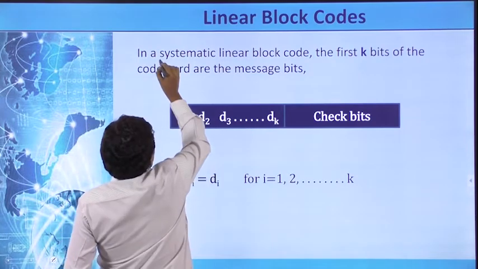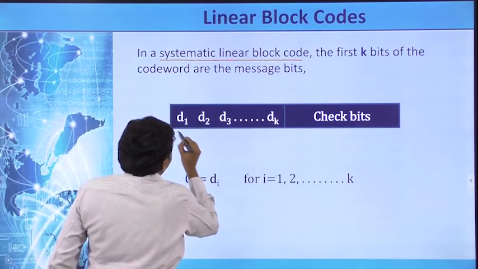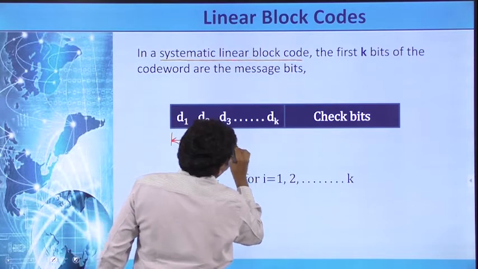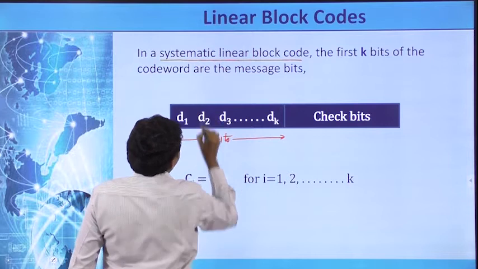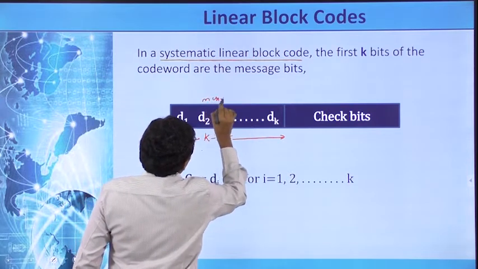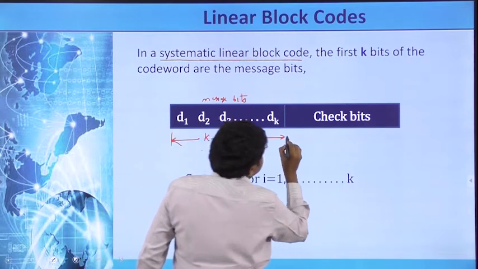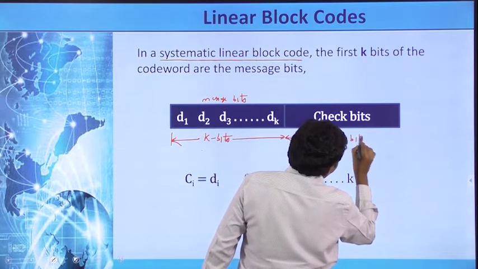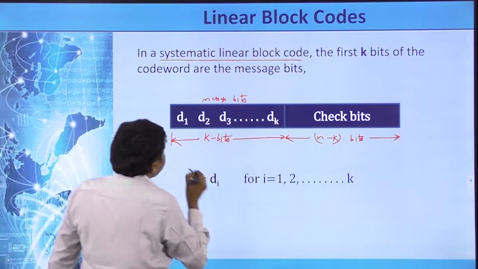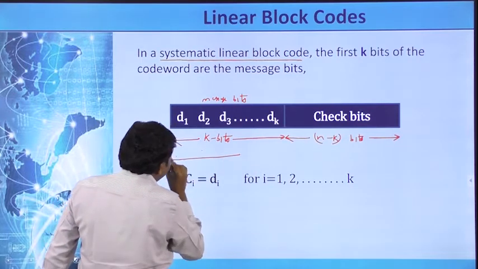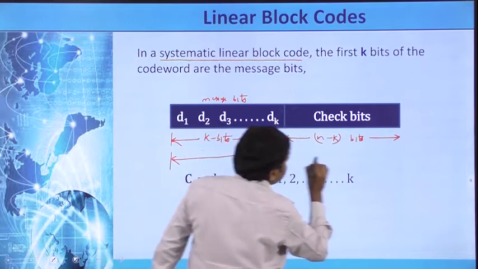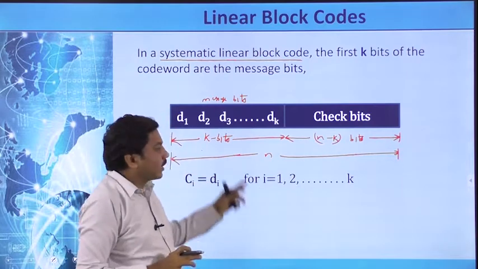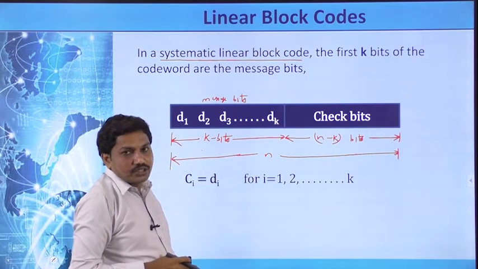So in a systematic linear block code, the first k bits, d1, d2, d3 up to dk, are nothing but the message bits, whereas the rest of the bits are check bits, n minus k bits. If you add these two, k plus n minus k, the k gets cancelled, so the length of the code word is n bits, right?